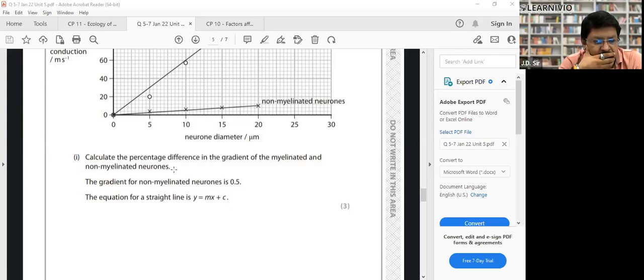The gradient for non-myelinated neuron is 0.5. So first we have to find the gradient of the myelinated neuron, and then we can find the percentage difference. M is the gradient. We have to find that, sir. Then we have to get the value of m.